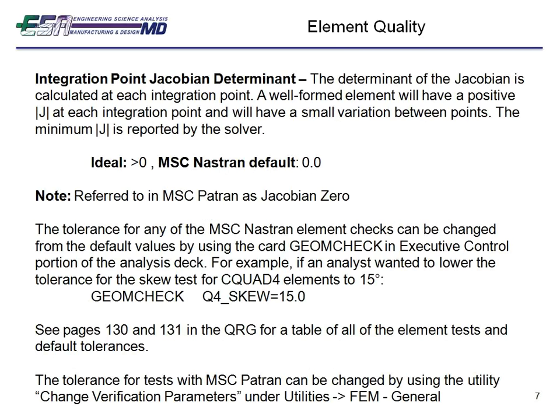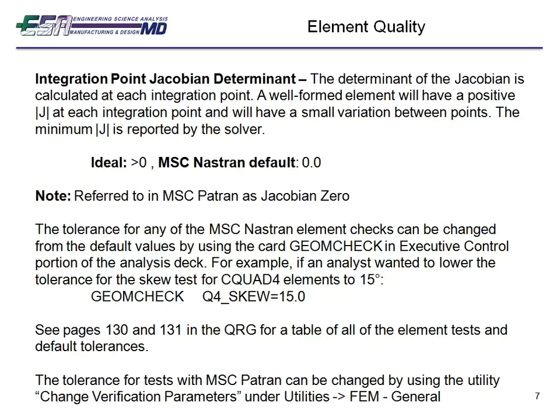Perhaps the most comprehensive element check is the integration point Jacobian determinant. And this is performed at the integration points, where the determinant of the Jacobian is calculated. A well-formed element will have a positive determinant of Jacobian at each integration point and won't have a lot of variation between the different integration points within the element.